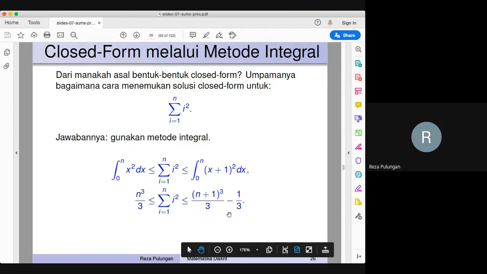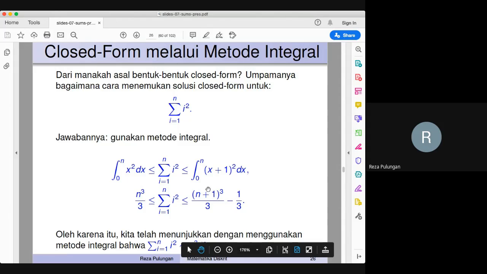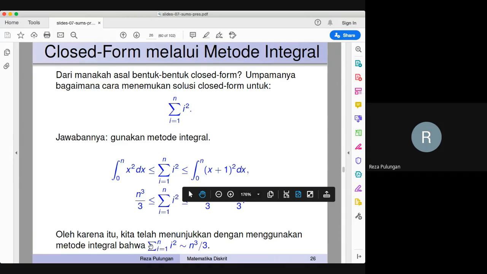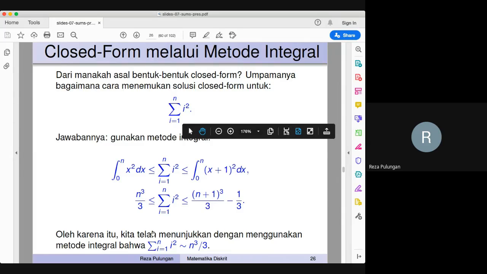What can we infer from this one? Well, based on this approximation, this is just an approximation. But if you look at it, it's actually quite easy to see that the sum from i equal to 1 until n of i squared is asymptotically equal to n to the power of 3 divided by 3.